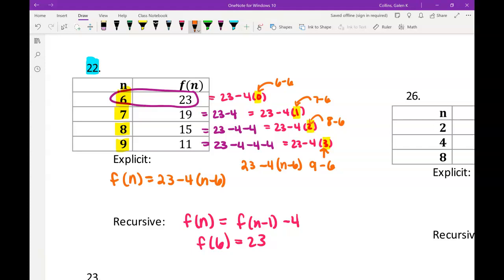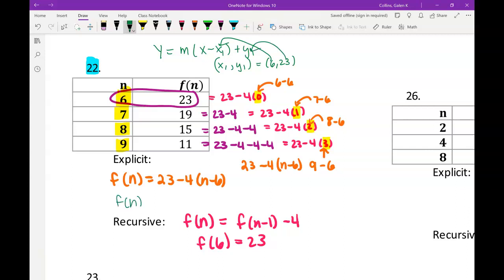But again, I could think of this as point slope form because this is linear. So we sometimes say point slope form is like, x minus x sub 1 and then plus y1 here. If my ordered pair, x1 comma y1, if that ordered pair is 6 comma 23, well, if I plug in a 6 here and a 23 here, I have the same thing.